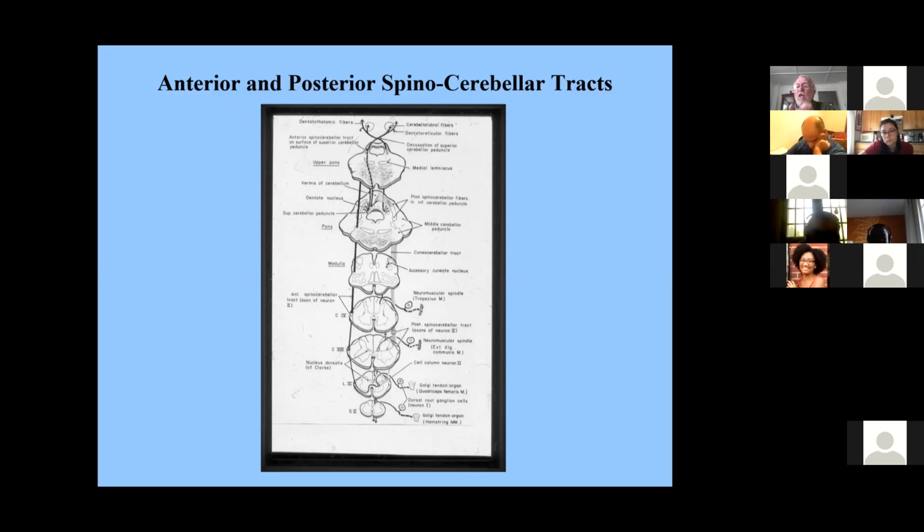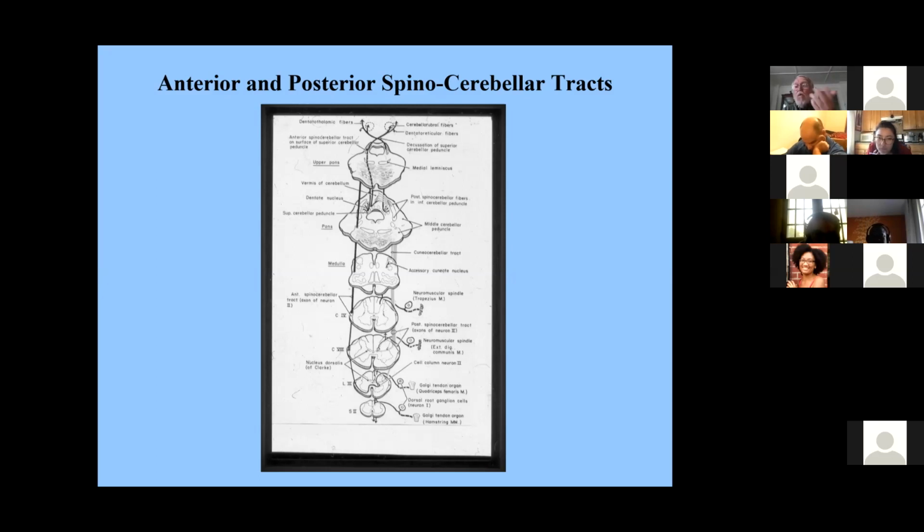That is important to note: both spinocerebellar tracts innervate the ipsilateral cerebellum, with the posterior spinocerebellar tract always being ipsilateral to its origin, and the anterior spinocerebellar tract doing a double decussation, crossing to the opposite side, coming up, then crossing back again, and then plunging down into the vermis of the cerebellum.